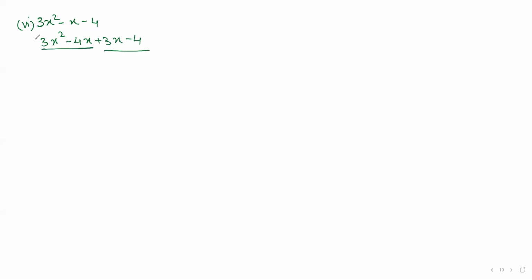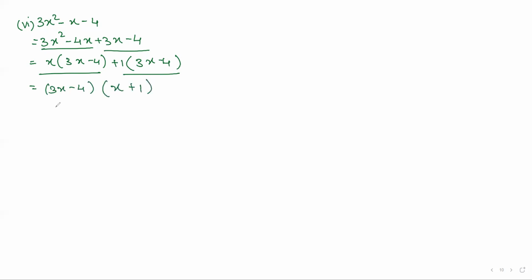Taking common from the first two terms, x is common: x(3x minus 4). From the next two terms, 1 is common: 1(3x minus 4). This term and this term, you have 3x minus 4 common, and you're left with x plus 1.